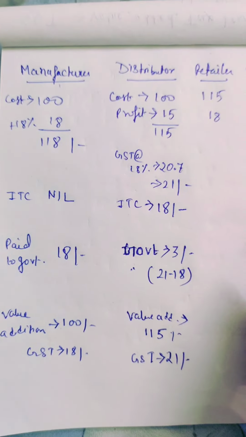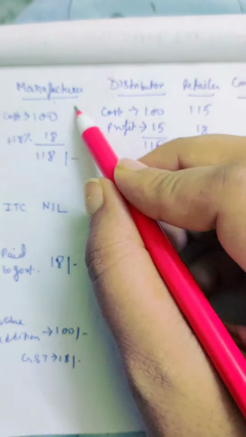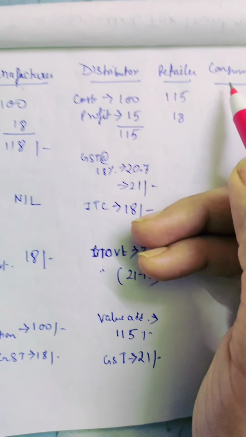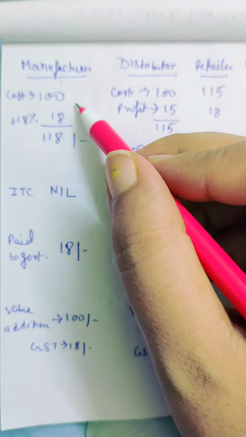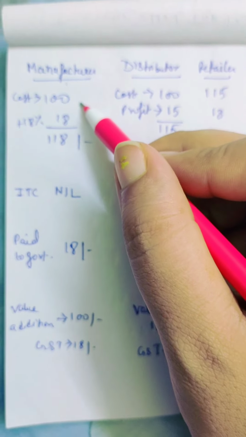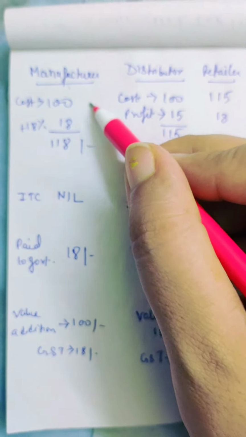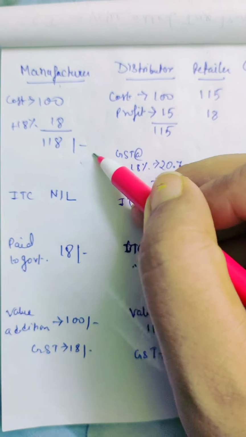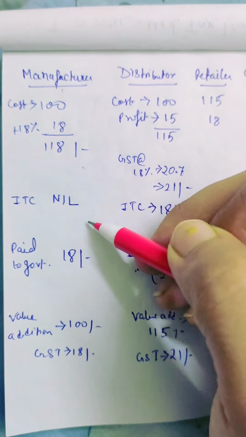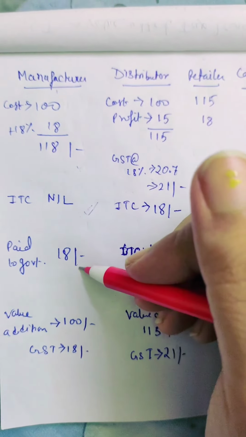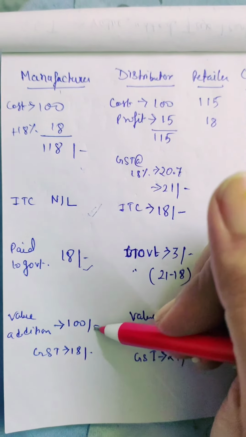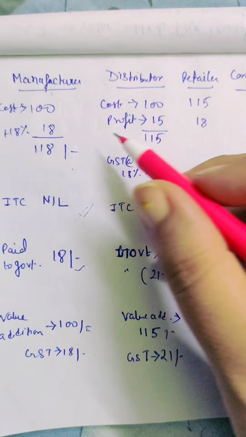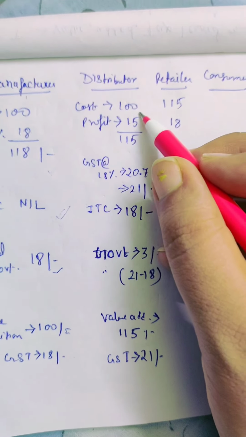So now let's take this example of the manufacturer, the distributor, retailer and the consumer. The manufacturer's cost is 100, then the GST part is 18, total it comes to 118. As he is the manufacturer, he has no ITC, he pays to the government 18, value addition is 100 and the GST part is 18. He sells it to the distributor.